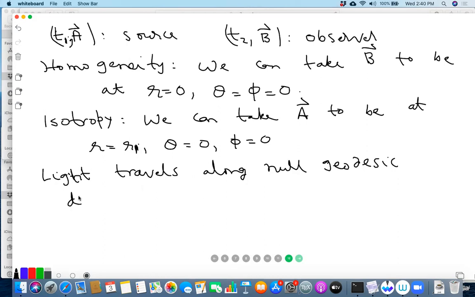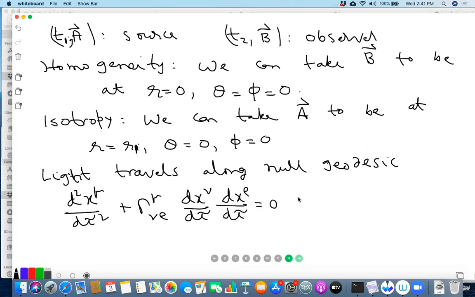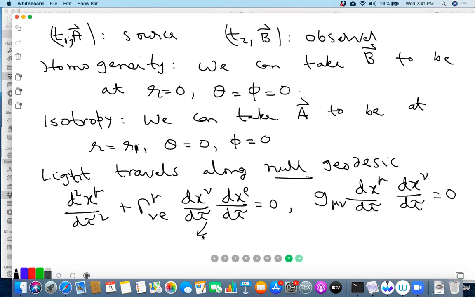So the geodesic equation is d2x mu d tau squared plus gamma mu rho, and because it's a null geodesic, you also have the condition that g mu nu dx mu d tau dx nu d tau should be 0. Tau here is not a proper time but the affine parameter, because proper time, of course, is 0 along null geodesics.